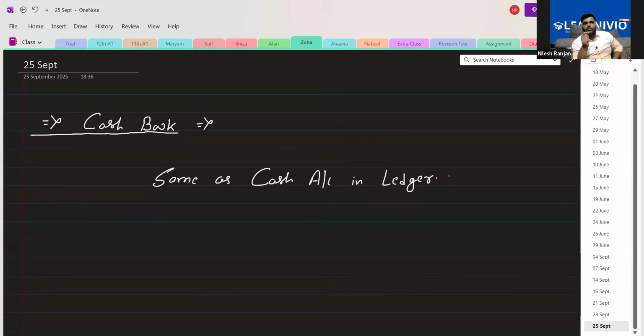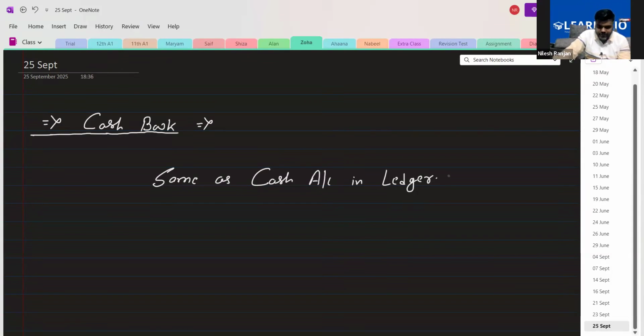Every transaction we record one time in journal and two times in ledger, because in one entry, let's say cash account debit to sales account, this is one entry in journal. If we record the same entry in ledger, it will be recorded in cash account and sales account both. That's why every entry has two entries in ledger.